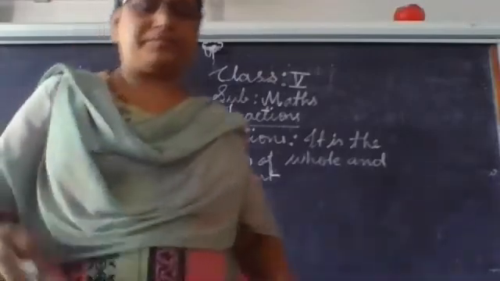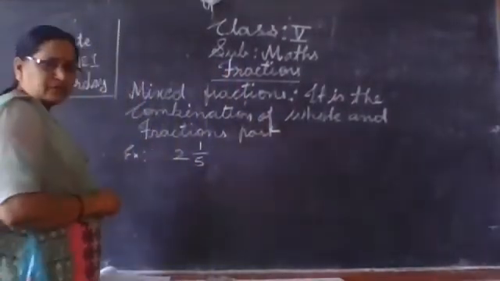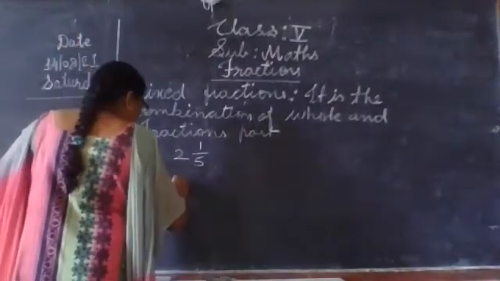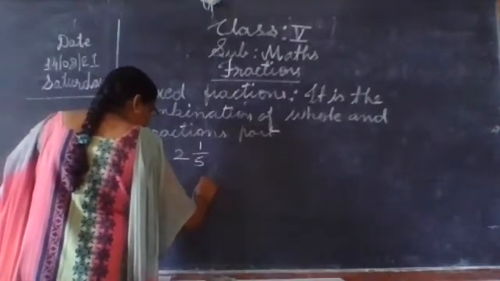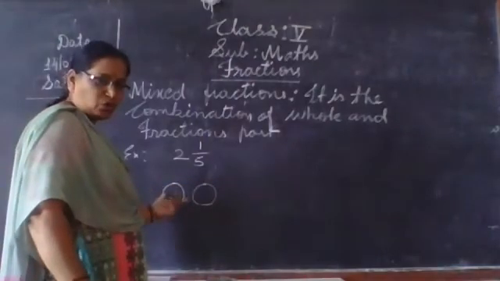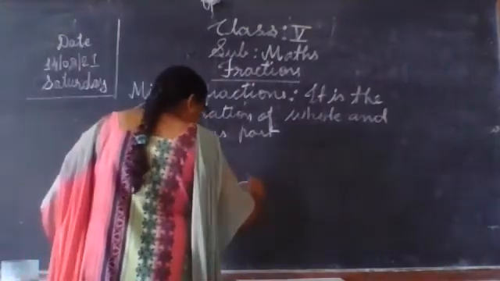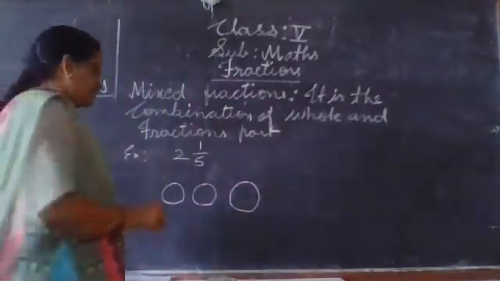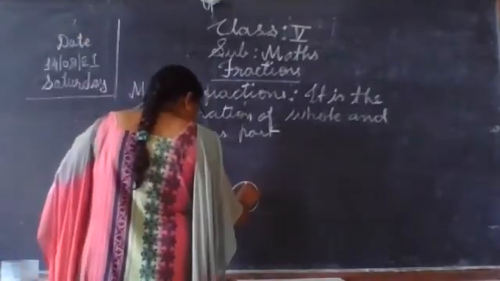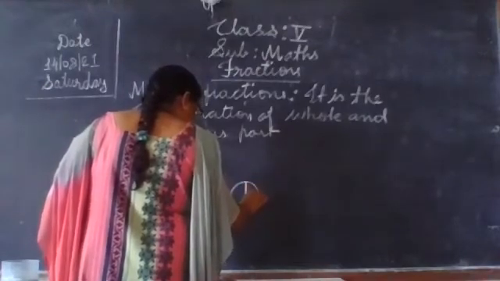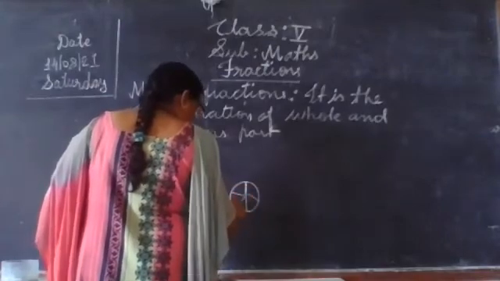For example, see. Suppose 3 chapatis are divided. So 2 are full, means whole, and the third chapati is divided equally into 5 pieces. One, two, three, four, 5.